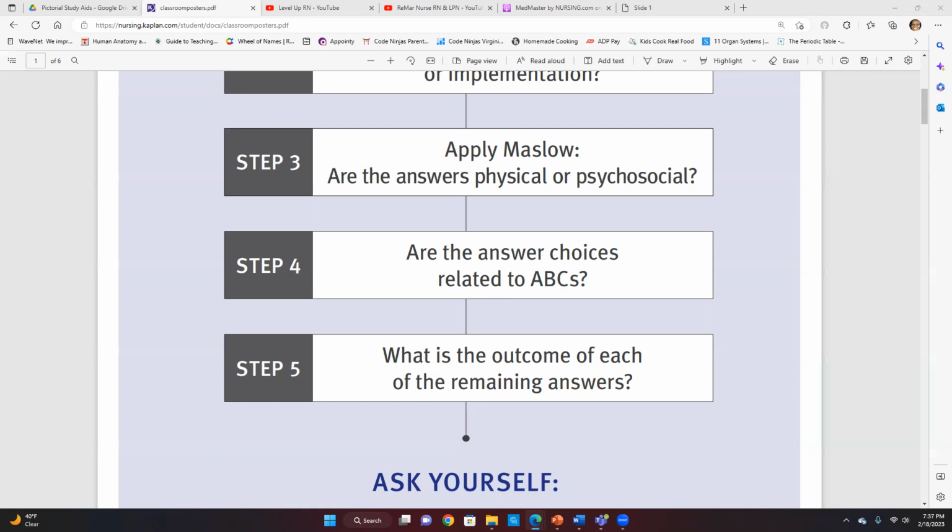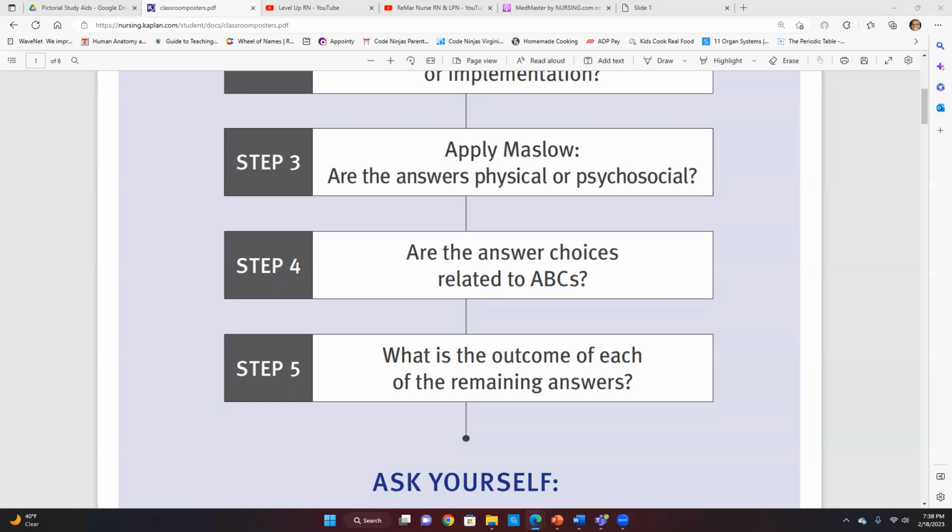So Maslow's hierarchy, if you're not familiar with it, write it down, look it up, because you definitely have to know and operate with that. So that's your clothing, your food, your shelter, your basic needs. And then step 4 even talks about the ABCs. What do the ABCs stand for?